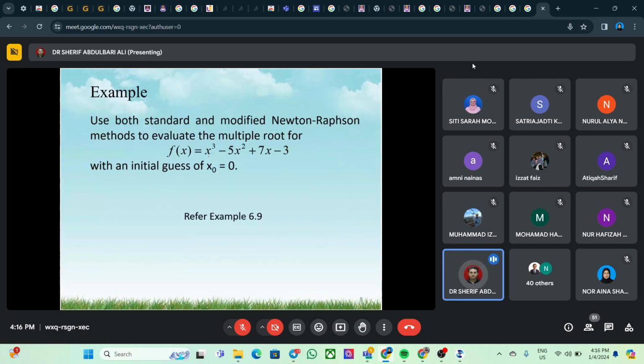We have this polynomial, x cubed minus 5x squared plus 7x minus 3, with the initial value of x equal to 0. This example is asking you to use both standard and modified Newton-Raphson. We are not going to use the standard Newton-Raphson, only the modified Newton-Raphson, because we already learned the standard last week.